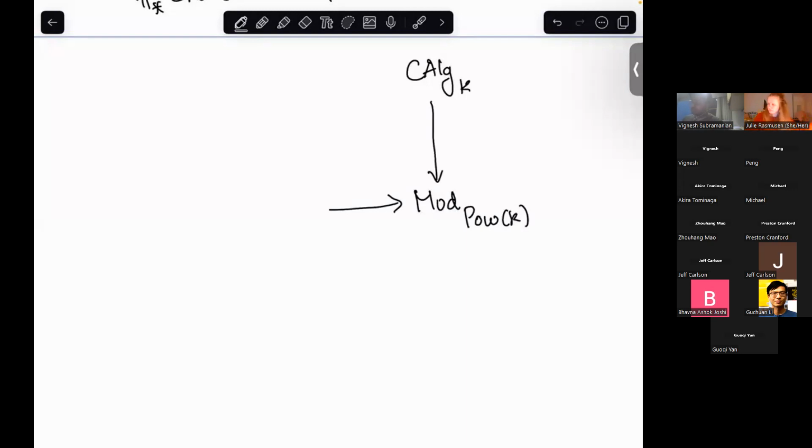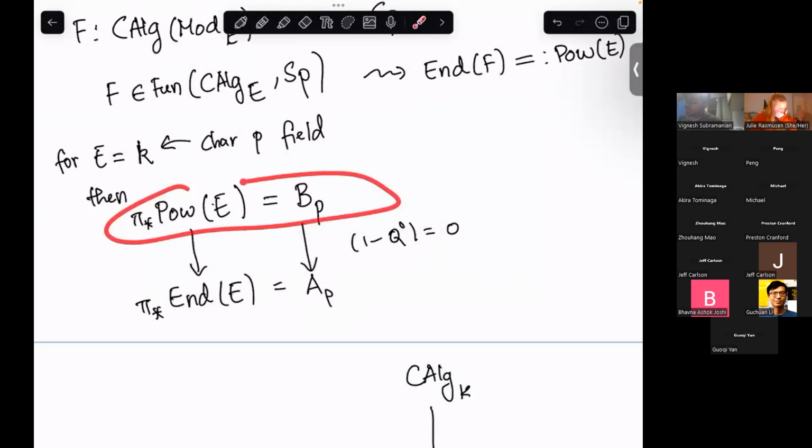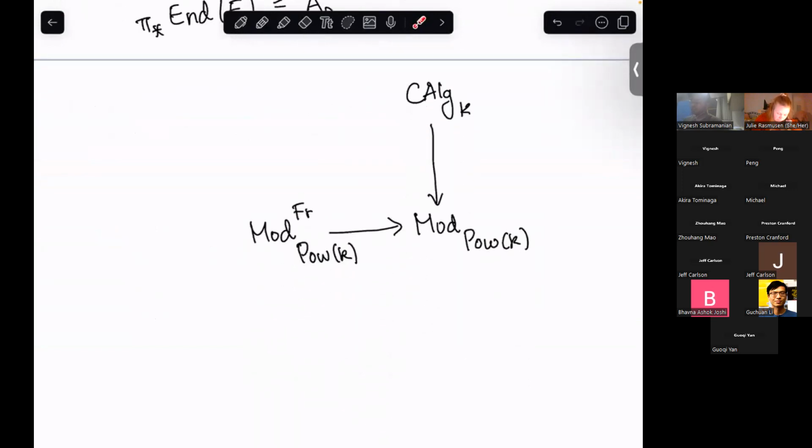And inside this, I can consider modules over the power operation on which the operation Q0 acts by isomorphism. Because of this result, that for E equal to K the homotopy groups of the algebra of power operations are identified with the Dirichlet algebra, I can talk about modules on which Q0 acts by isomorphism.